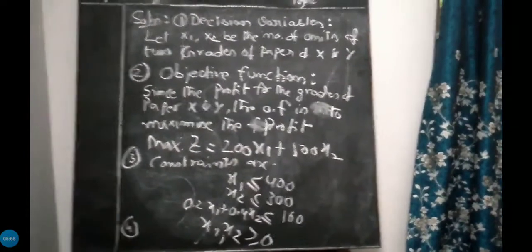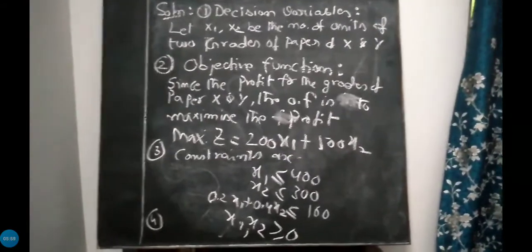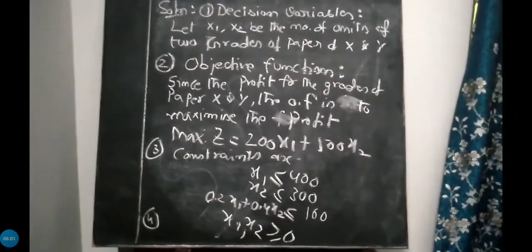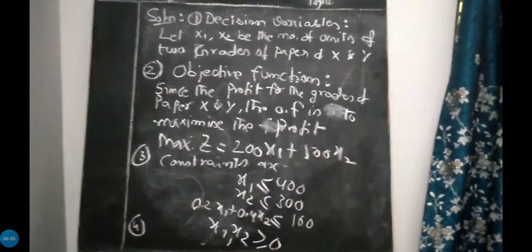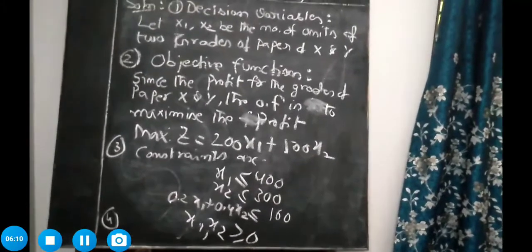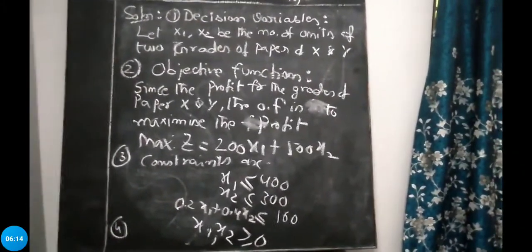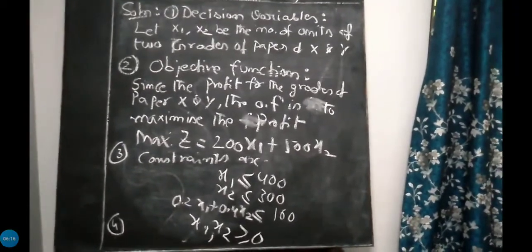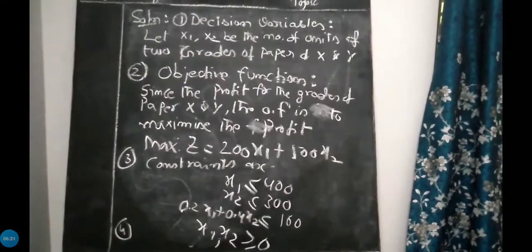So we know that always in the formulation of the LPP, x1, x2 must be greater than or equal to zero only. This is the formulation of the LPP. And then using the formulation of the LPP, we solve the above problem for x1, x2 values using the graphical method or simplex method.